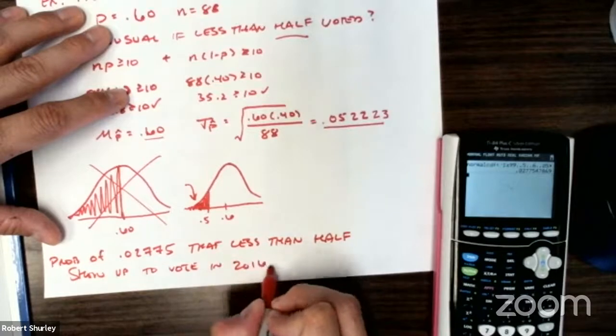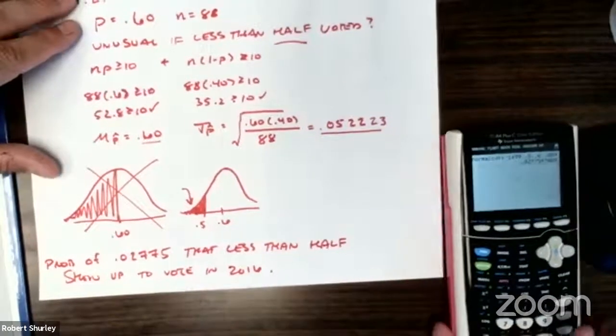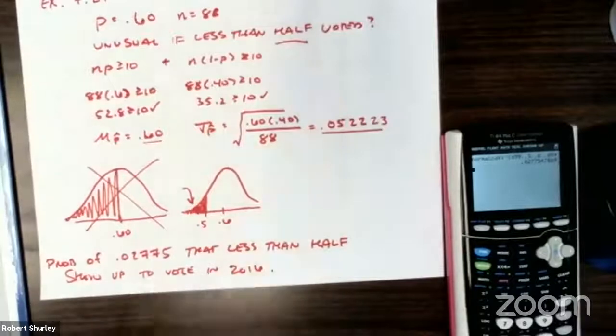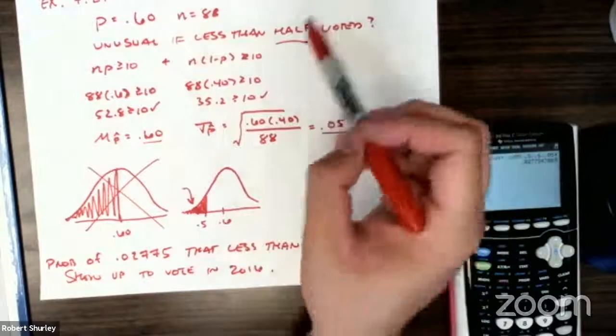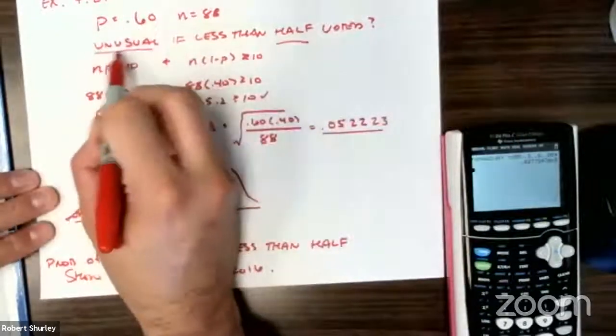In, was it 2016, I think, is the example. Okay. Now remember, this was a question on the test. If we get a probability of 0.02775, would that be considered unusual?